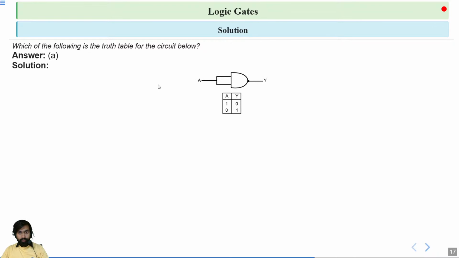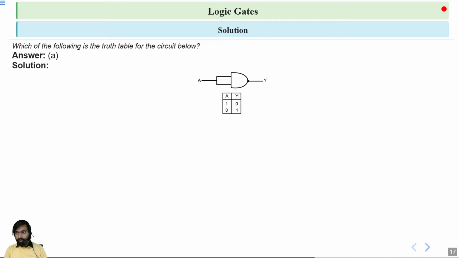So look at here. This is the NAND gate. So we know NAND gate produces the opposite of AND gate when both inputs are the same, A and A. The AND output is A when input is high, and output is low when input is low.